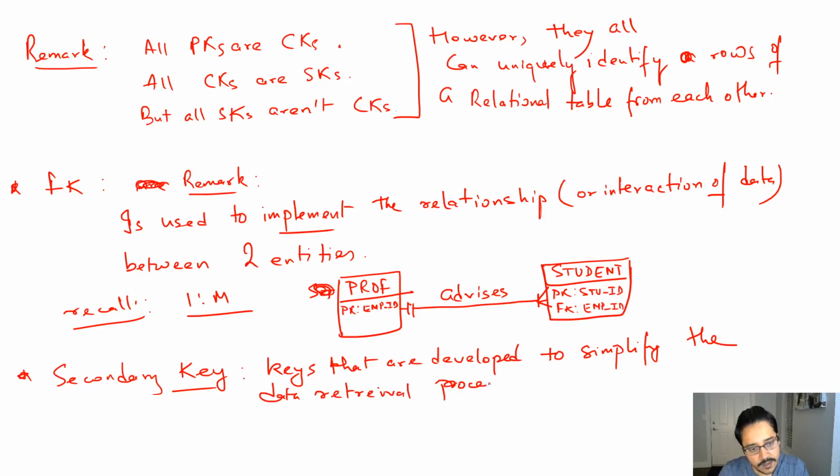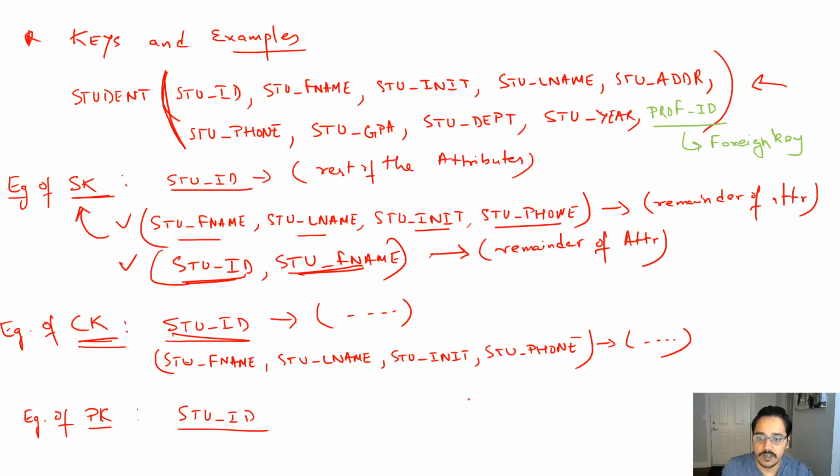So let's say me as a professor, I want to find a particular student from the student table, right? Now, of course, we have set up all these conceptual keys, which are very good at distinguishing a row from each other, that is, the student ID being the unique identifier, right?